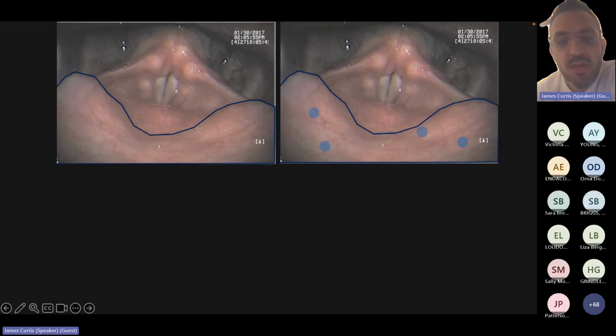Keeping in mind that we are only seeing around 3/4 of the epiglottis, these blue dots are covering only about 2.1% of the epiglottic surface area. I know this because I analyzed these using ImageJ, which is an analysis software.